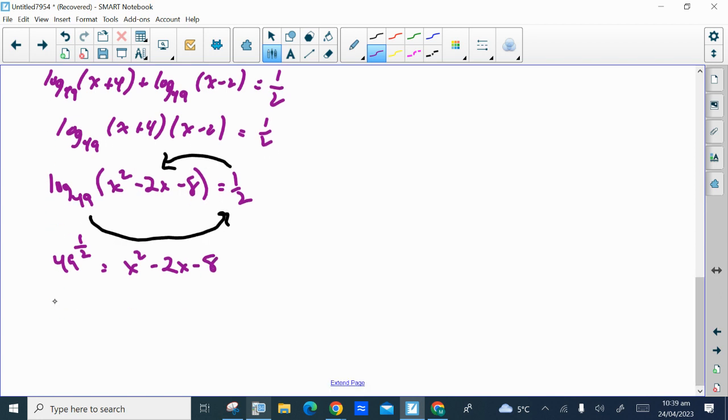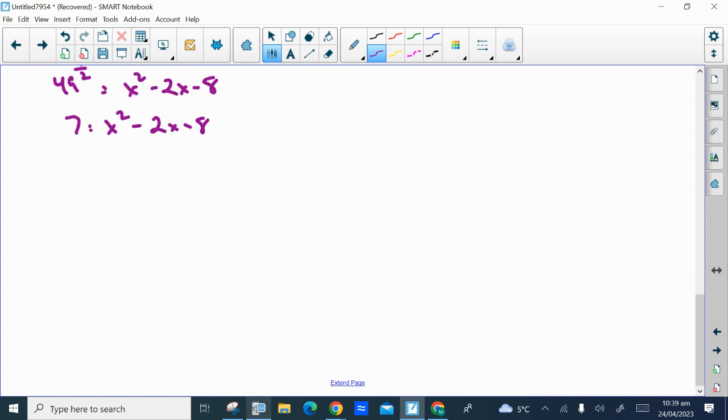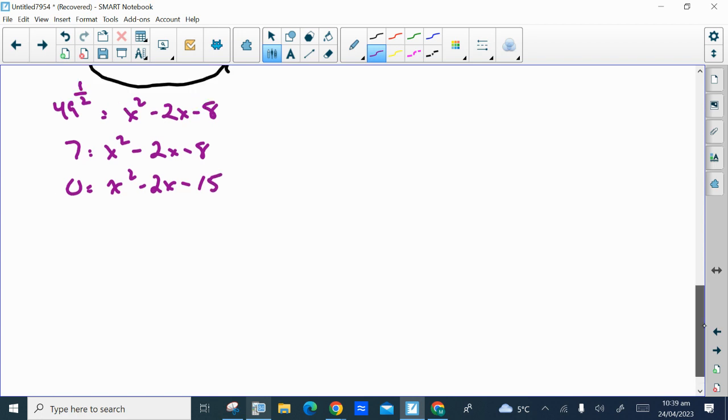Power a half means square root, so it's the square root of 49, which is 7, equals x squared minus 2x minus 8. And again, to solve quadratics, we always want to make them equal to 0. We will subtract the 7 from both sides, which will give us minus 15 on the other side. And this can be solved by factoring.